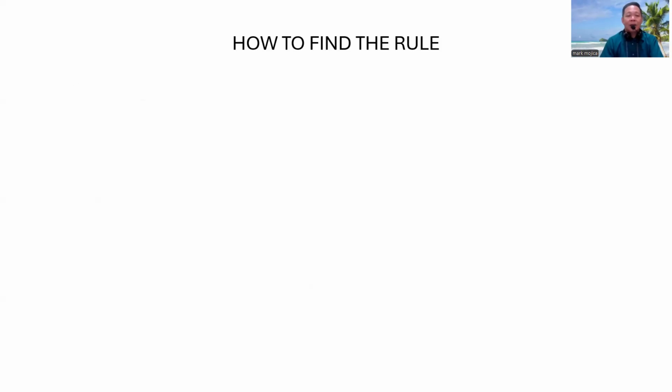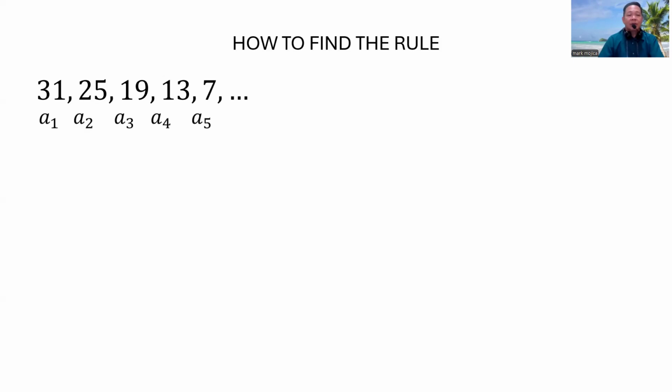Another problem that we have is what we call this kind of sequence: 31, 25, 19, 13, and 7. So kung titingnan ninyo, hindi naman siya pwedeng i-multiply. So meaning, we have to find the difference out of this. So pag minus natin, by the way, this is the first term, second term, third term. Parating yung tatandaan na to enumerate the terms of every sequence para hindi kayo mahirapan sa pagpuprove natin ng kanilang difference.